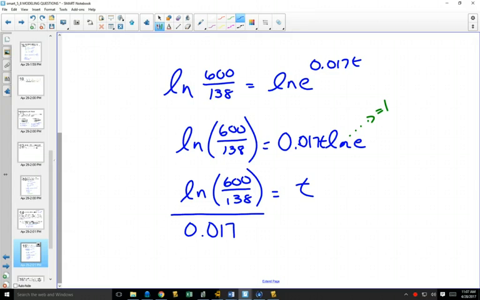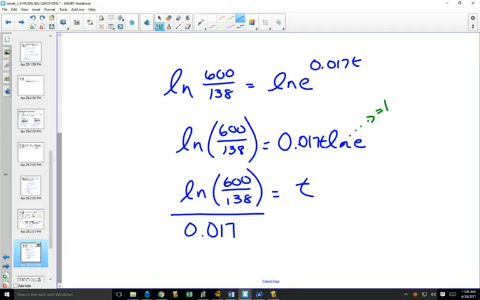If you don't remember that it's equal to 1, or in the moment you just forgot that, and you also divided by the natural log of e and put that down there, it's not going to make any difference, because all that means is 0.017 times 1, and that's still going to be 0.017. So whether you have this natural log e there or not, it's going to work out to the same thing.